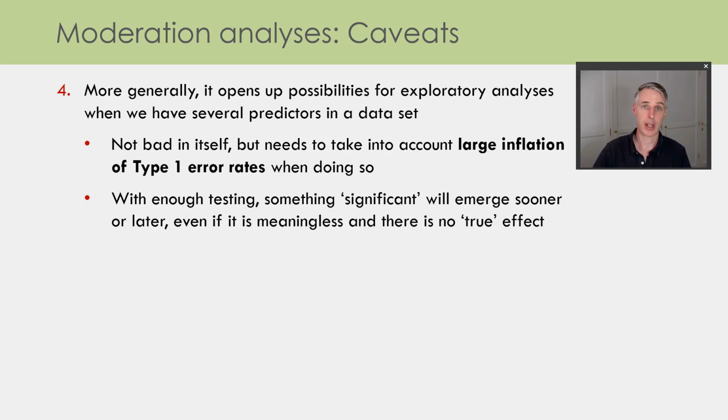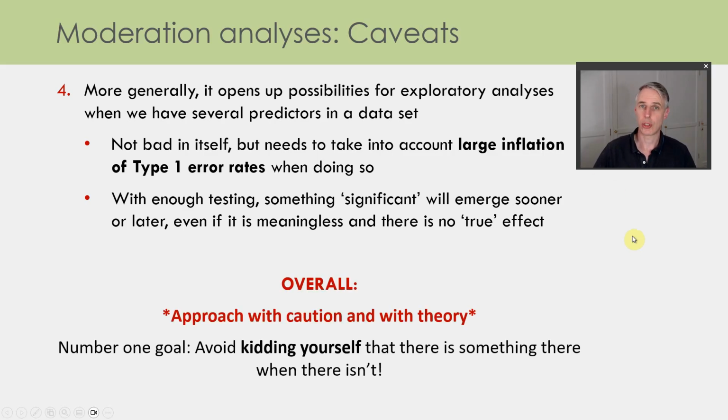Actually, exploration can be a very sensible thing to do when you have a big data set, as long as you're clear that what you're doing is exploring rather than hypothesis testing. Because the key thing there is you will ultimately need to take into account the possibility of large inflation of type 1 error rates. With enough testing and searching around with exploratory analyses, the chances are that something significant will emerge sooner or later, even if it is in effect meaningless and there's no true effect. It's just one of those instances that have cropped up, in a sense, by chance.